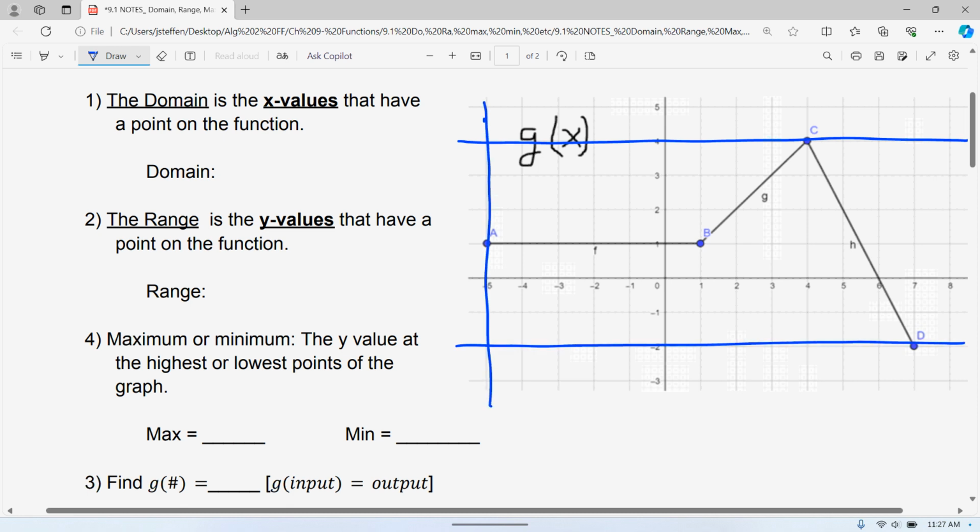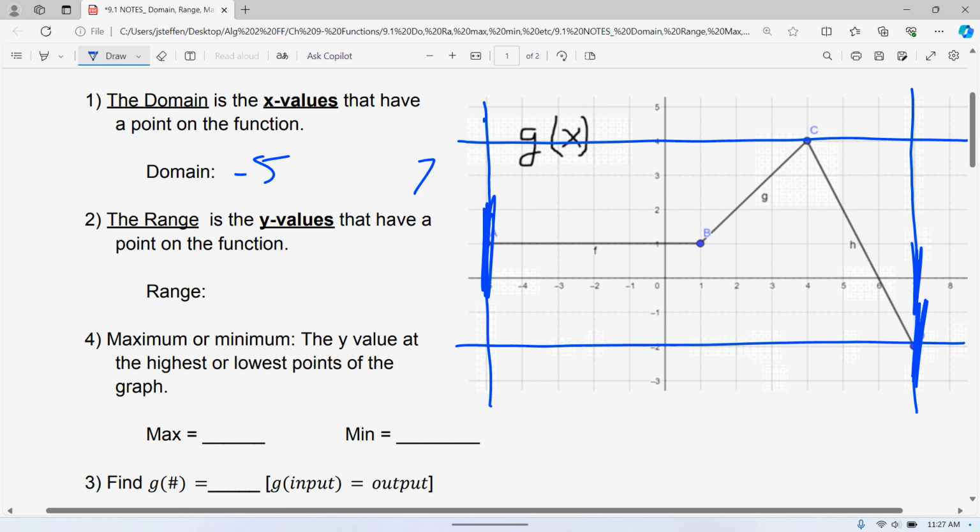So I can't make it any smaller without cutting off my graph. I don't want to make it any bigger because I want it as small as possible. So your domain is the number on the left and your highest number on the right. So over here at this 7, and -5, your domain is between -5 and 7, or your function is in between -5 and 7.